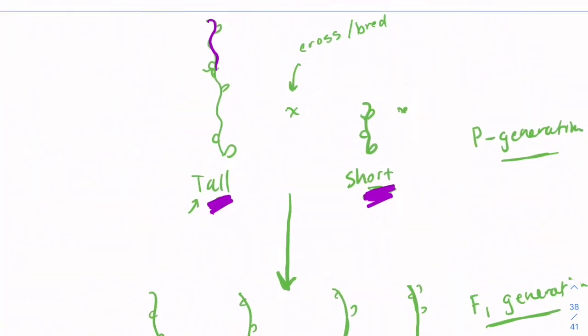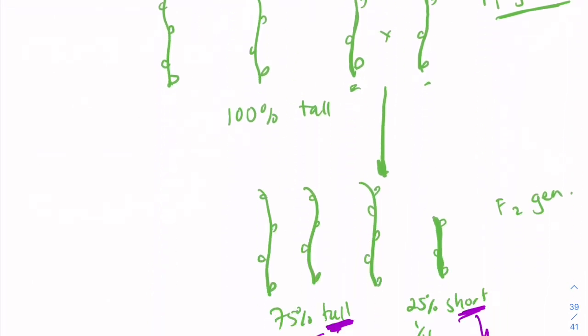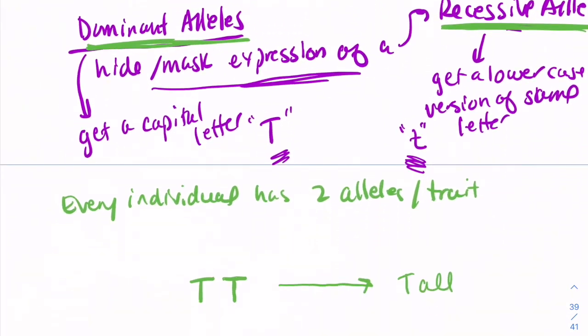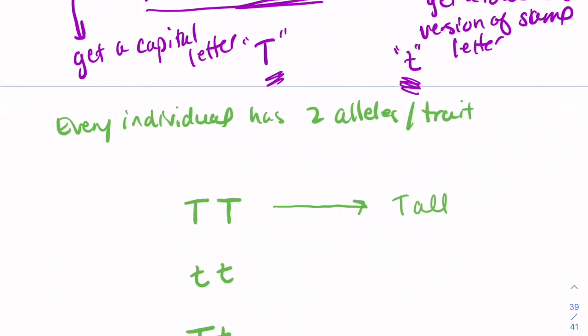Let's say it has two capital T's. It's a tall plant, because tallness is caused by that capital T allele, that dominant allele. How about these two lowercase t's? What's that plant going to look like? It's going to be a short plant.